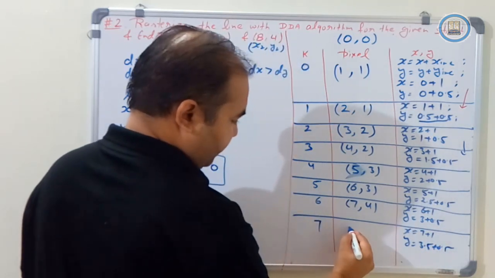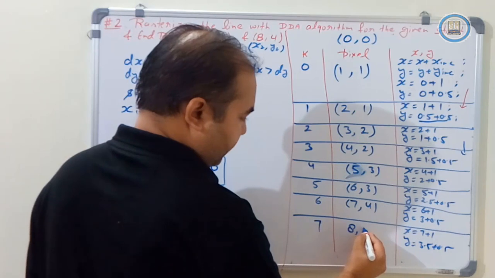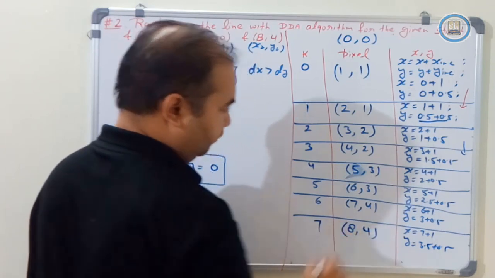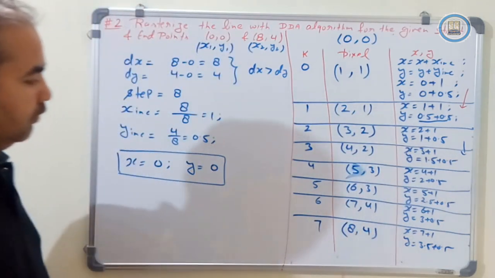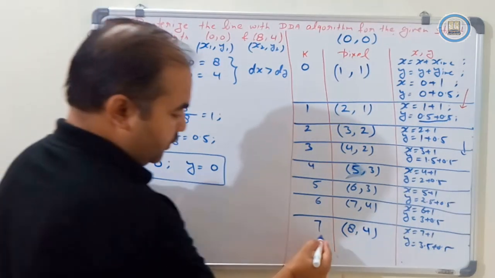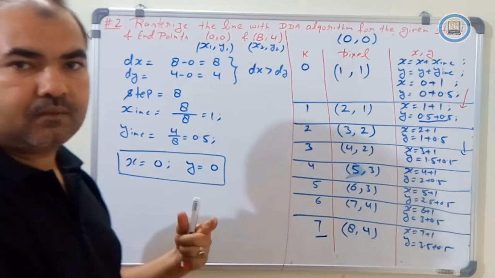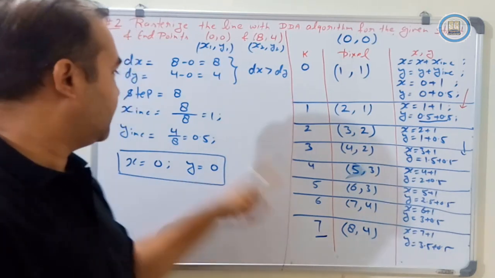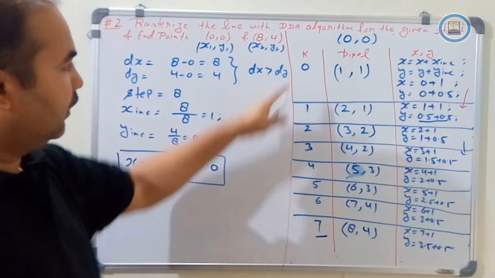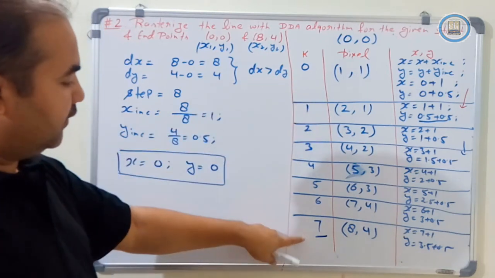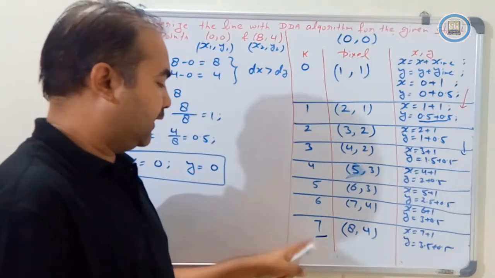So the x pixel is 8 and the y pixel is 4. So at step number 7, because k is strictly less than the step, not less than or equal to, we need to stop the for loop and the algorithm will stop at this place.